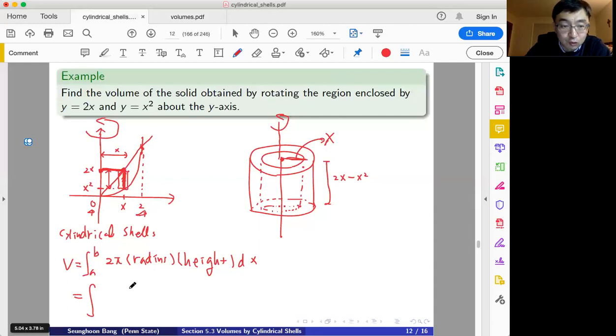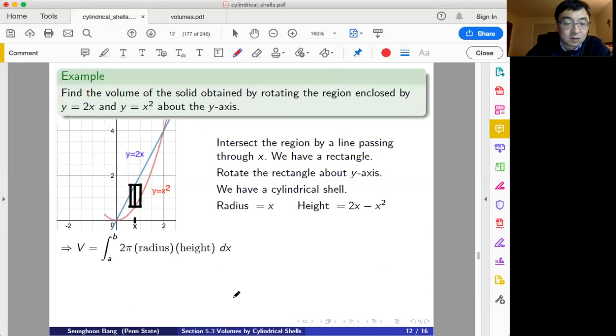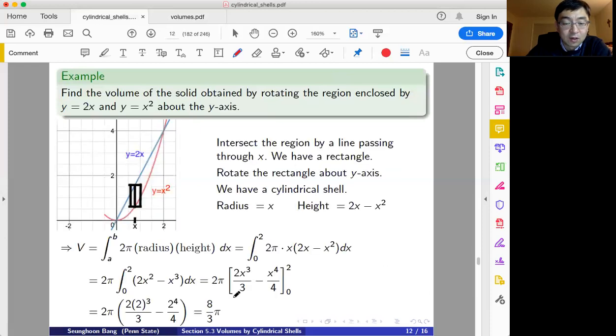We have 0 to 2, 2 pi times the radius, which is x, times the height, 2x minus x squared. So that's it, and solve. The calculation is up to you. So we have 8 over 3 pi. This is the idea.